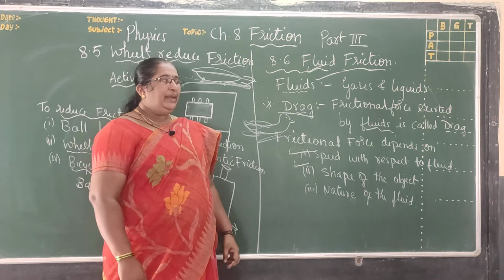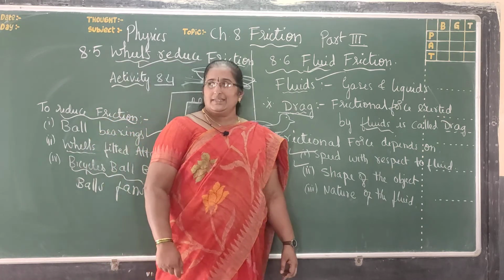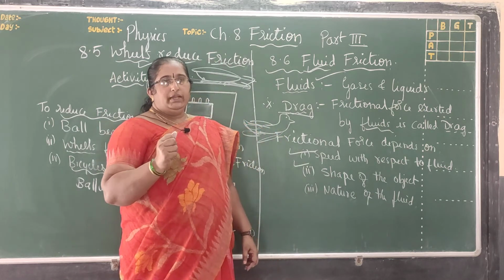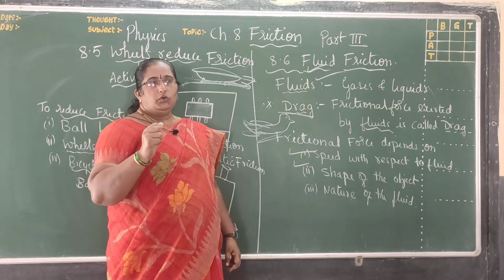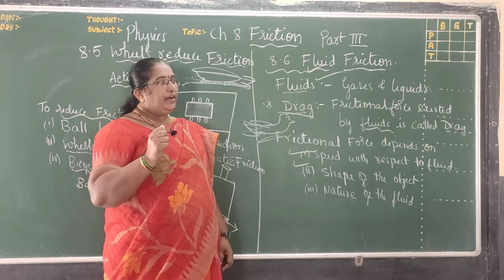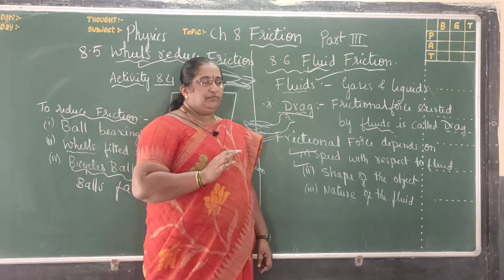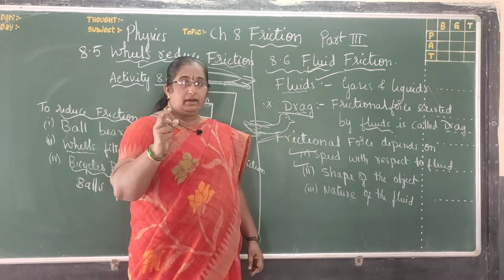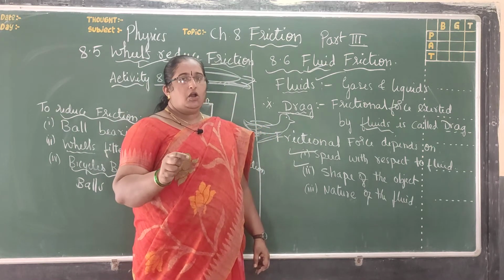In ball bearings and in door hinges, we have seen that sometimes we will not be able to close the door, or we find difficulty in closing the doors of the window. In such case, we oil the corner hinges of the window.